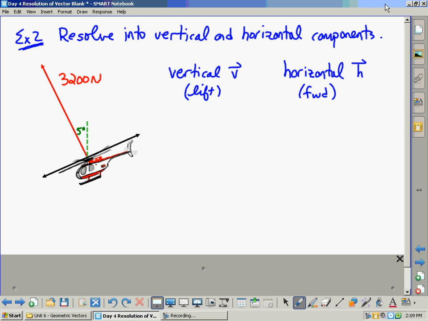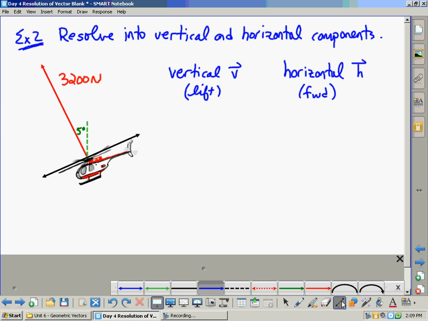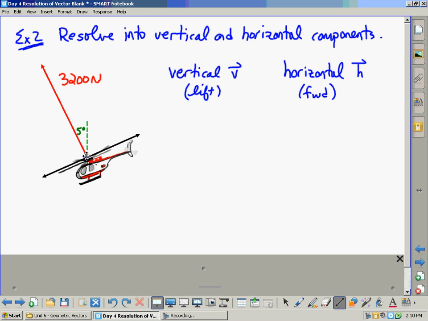So now we're going to draw the two vectors that are here. There's two ways we could draw this, but since the vectors can be added in any order, I'm going to actually draw the forward vector first, which goes to about here, and then the vertical vector there.